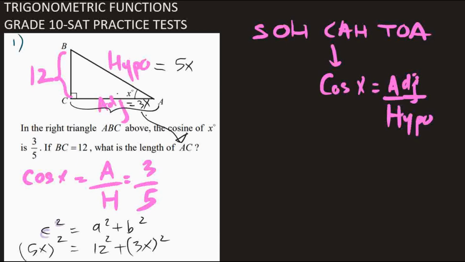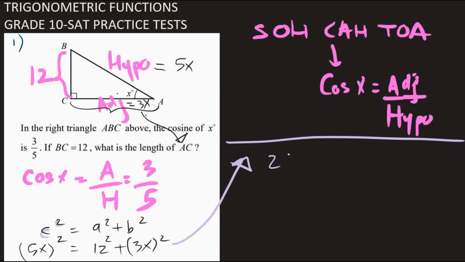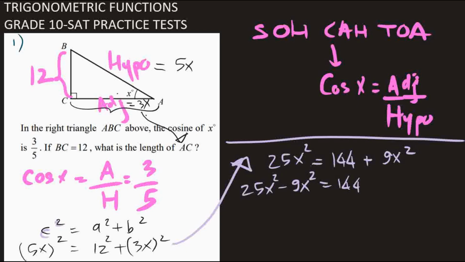Then we continue: 25x squared equals 12 squared, which is 144, plus 9x squared. Then we move 9x squared to the left: 25 minus 9 is 16x squared equals 144.